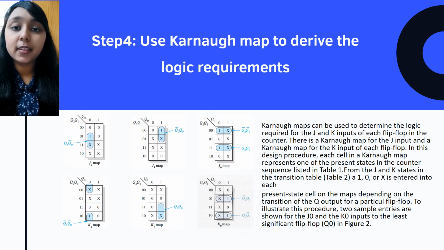From the J and K states in the transition Table 2, a 1, 0 or X is entered in each present state cell on the map depending on the transition of the Q output for a particular flip-flop. To illustrate this procedure, two sample entries are shown for the J0 and K0 inputs of the least significant flip-flop, Q0, in figure 2.